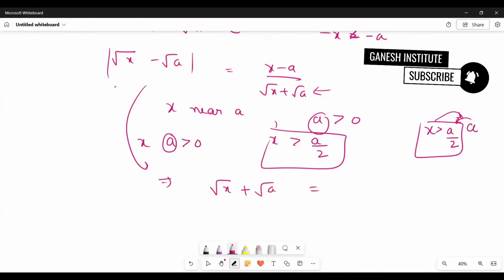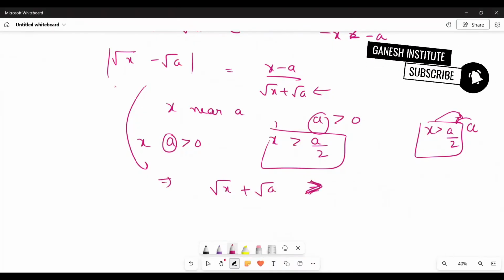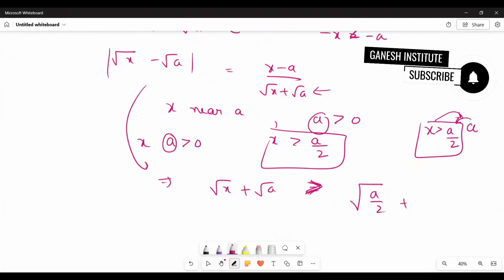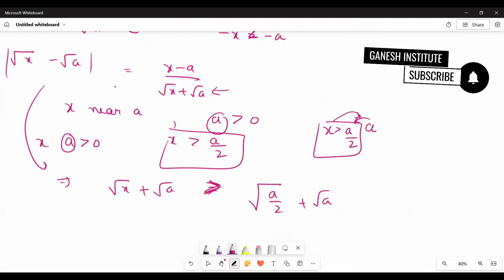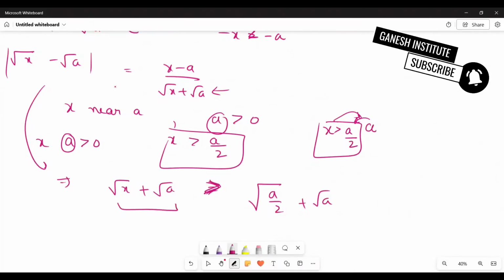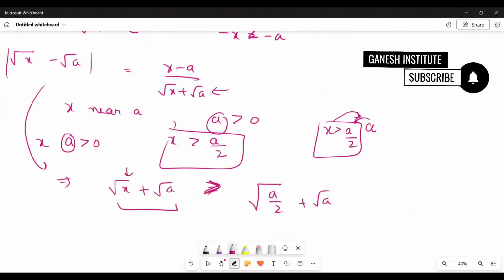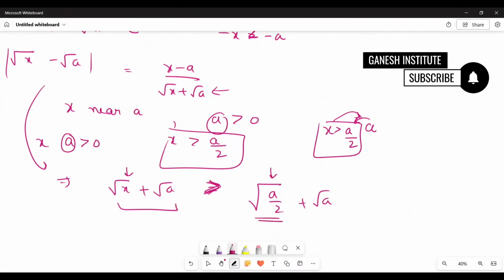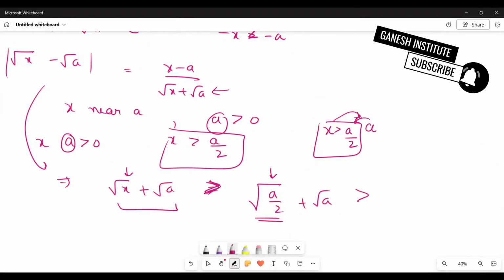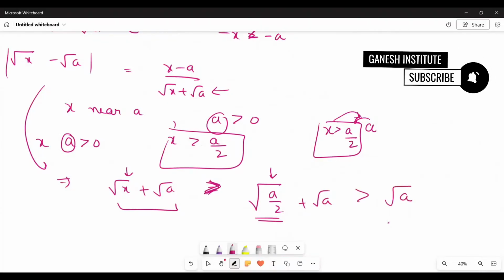So if I substitute, it is also greater than, if I substitute x as a by 2, it is going to be increasing if I place it in the increasing order. Of course, if I have root x plus root a and x is greater than a by 2, then I can place it here, right? And of course, this is going to be greater than root a.